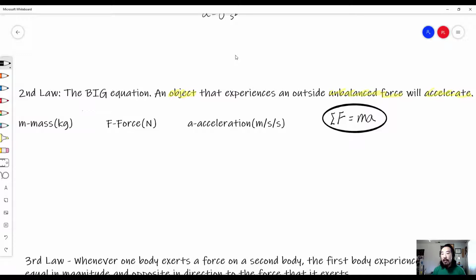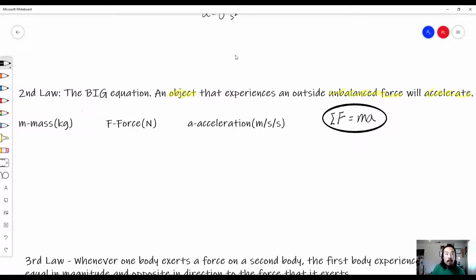So here we have the definition and the equation right here. If an object, which is the mass, accelerates, we look at the object and that object is accelerating, that must mean that there is an outside unbalanced force. And we're going to go into why that outside is important.